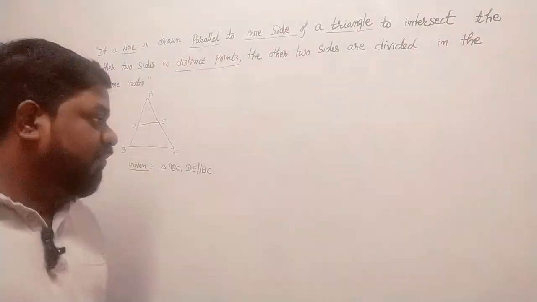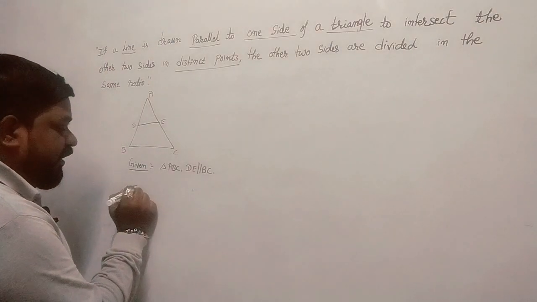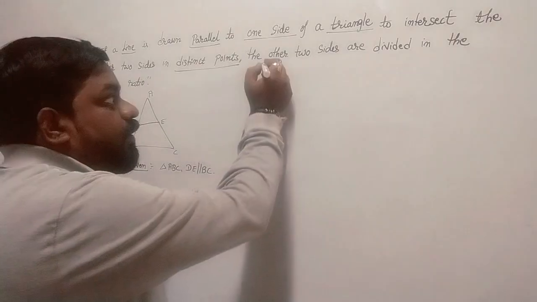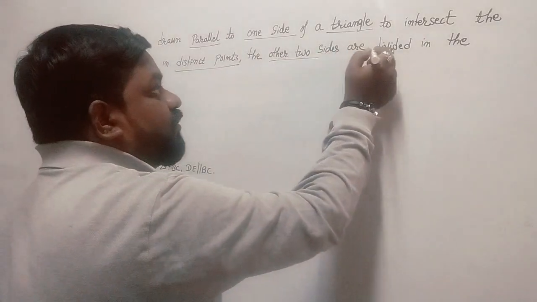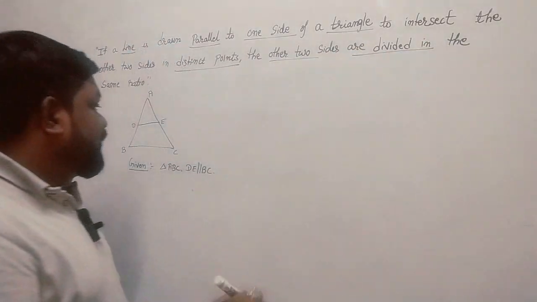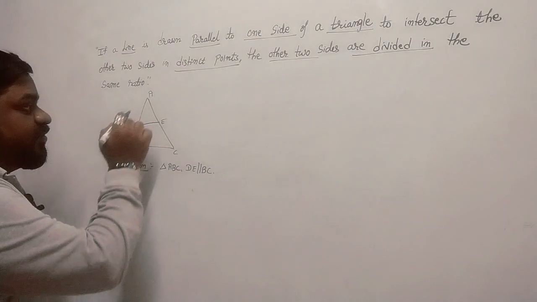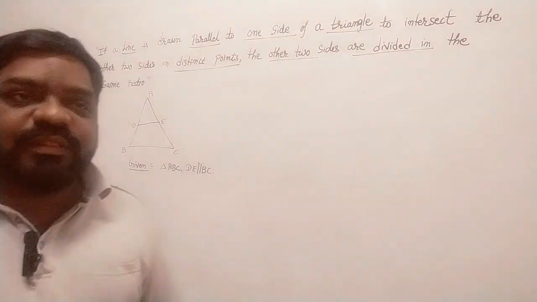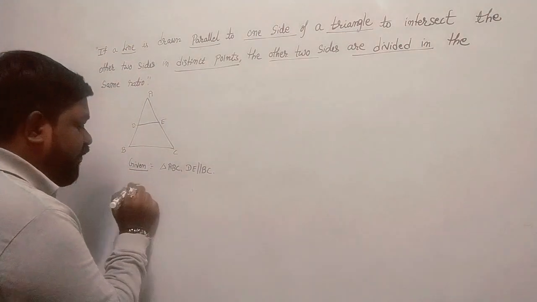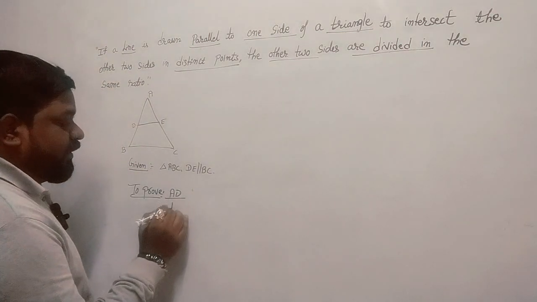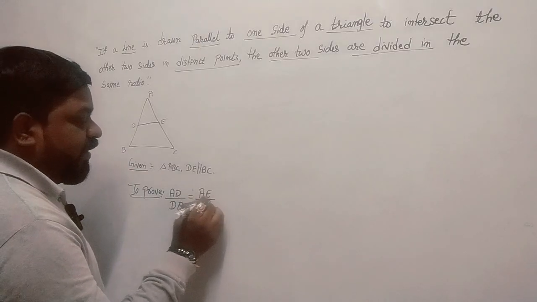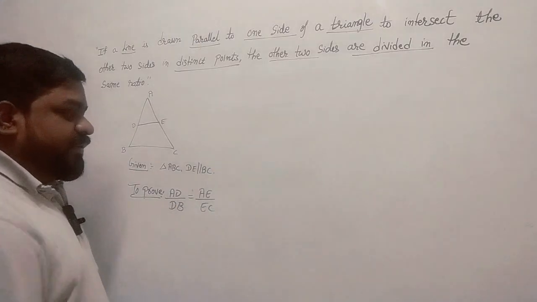In this theorem, what we need to prove is that the other two sides are divided in the same ratio. Which are the other two sides? AB and AC, and they are divided in the same ratio. So AD by DB is equal to AE by EC.